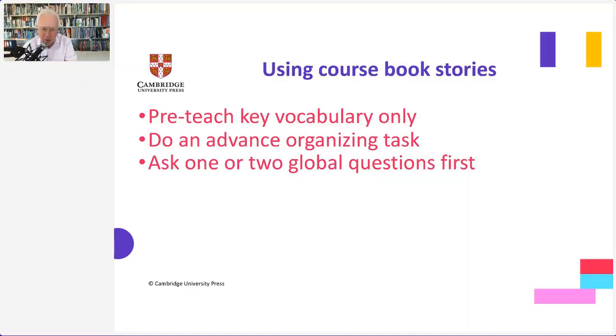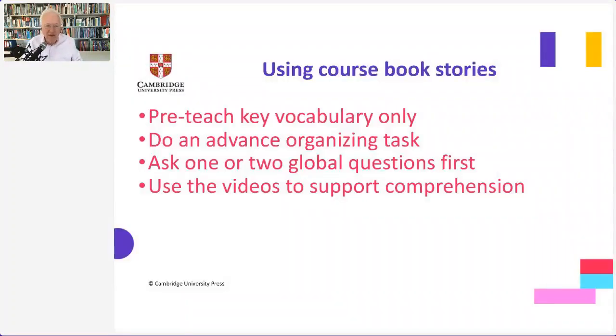But a global question, for example, you can say, who are the people in the story? Or where are the people in the story? Or what is the problem for the people in the story? Okay, so a global question first, and later we will look at details, okay?